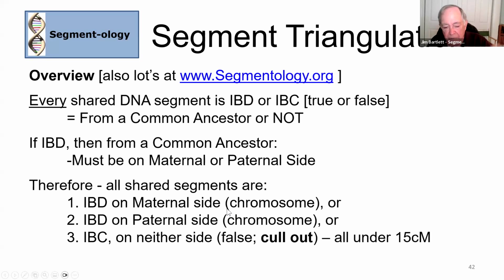And if you can't match it up with somebody else, then cull it out. And these will all be under 15 centimorgans, as I've explained before. I have long since, 10 years ago, gone through every one of my segments and put them into these categories.